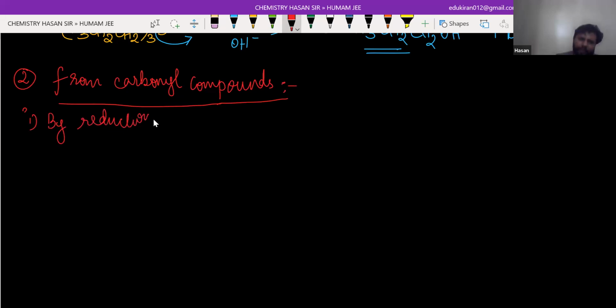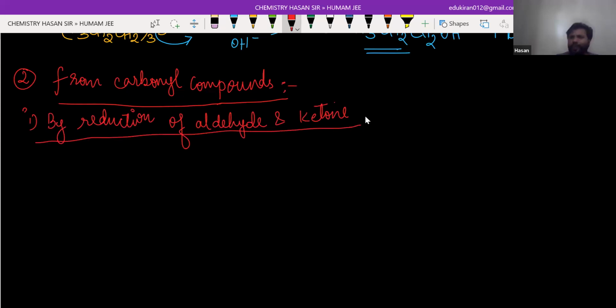Do you remember? Basically, ketone is a bridging functional group, comes between two alkyl groups. So basically, it will give secondary. It is understood now.